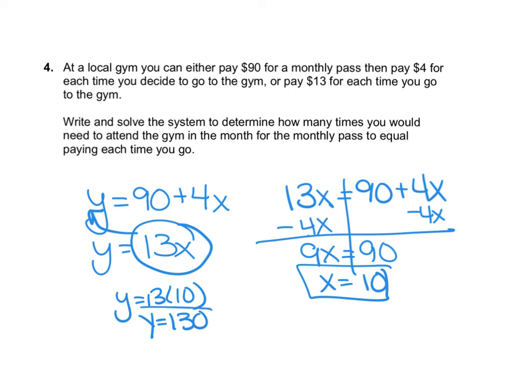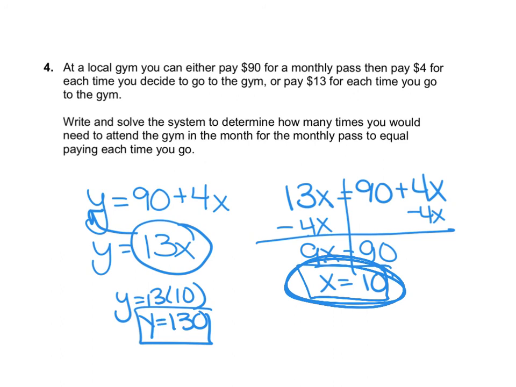So let's take a look at what they're asking us. It says how many times you would go to the gym for them to be equal. So after going 10 times, you will pay the same amount as if you had bought the membership or not bought the membership.